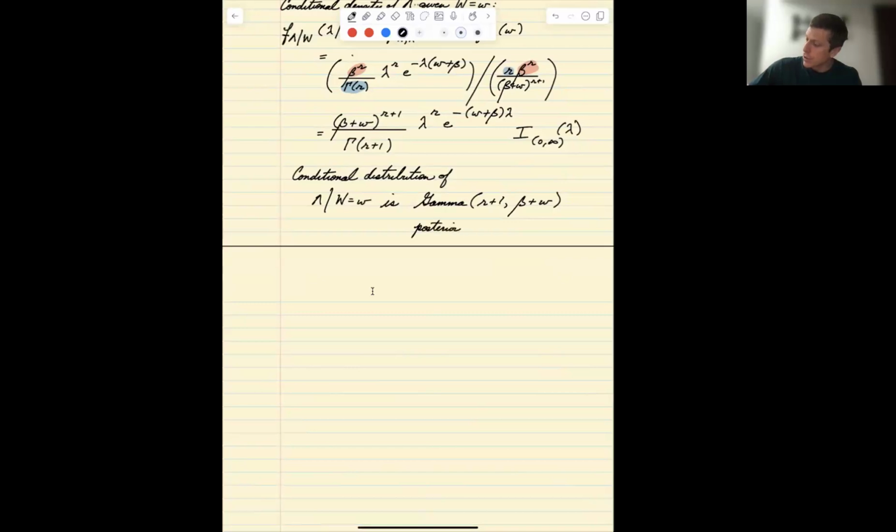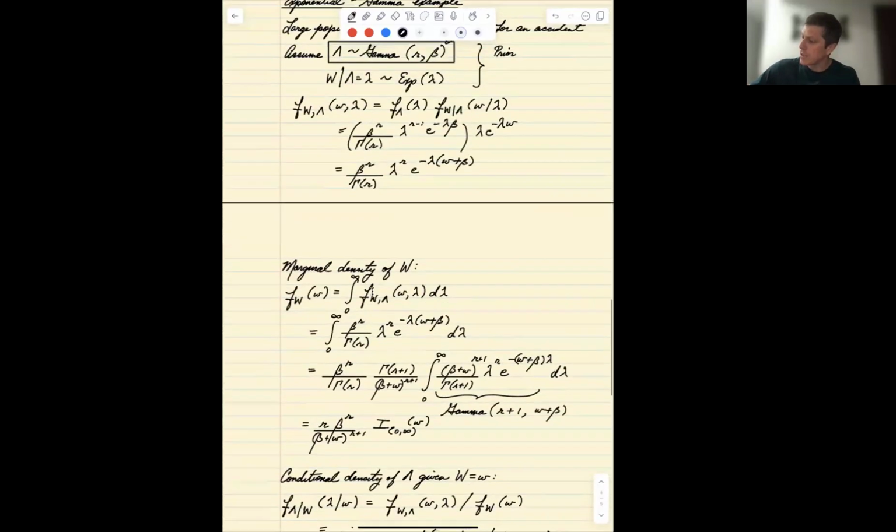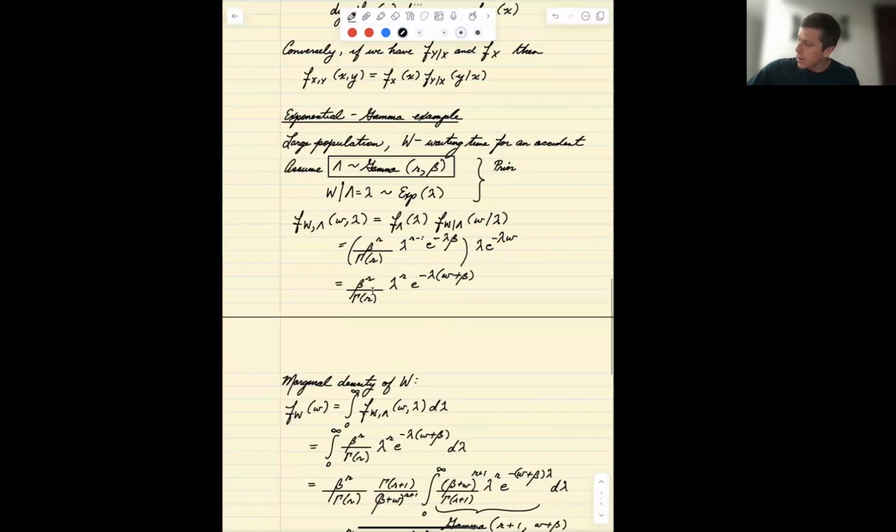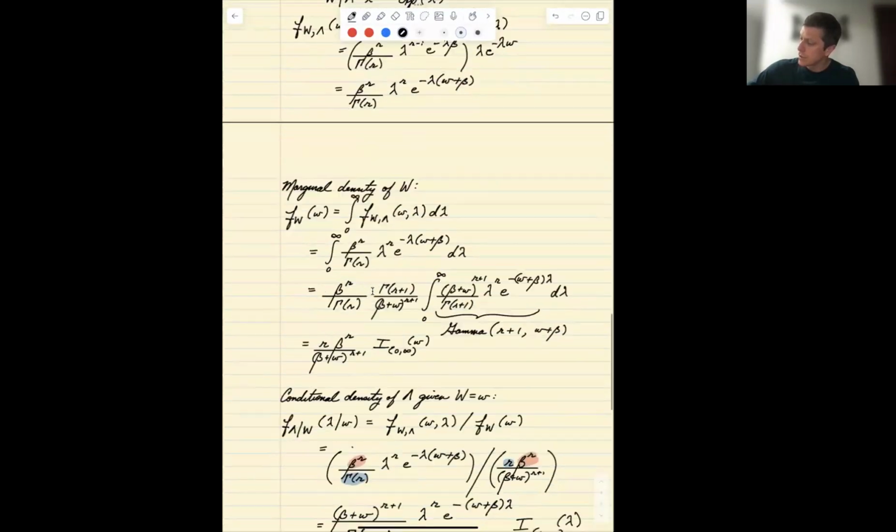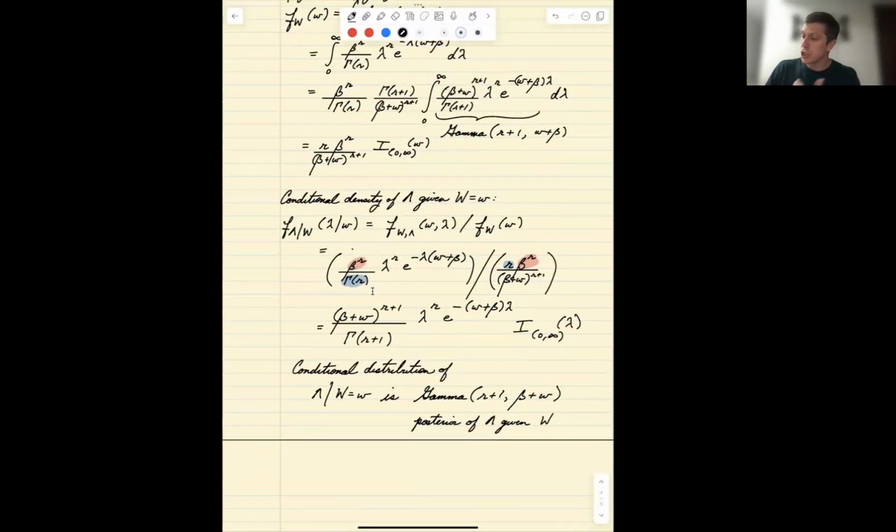This is the posterior of lambda given the data, right? W is observable, lambda is not. This is the prior for lambda. So that's the terminology you'll see in Bayesian statistics, and this is the machinery that we use to do those calculations.